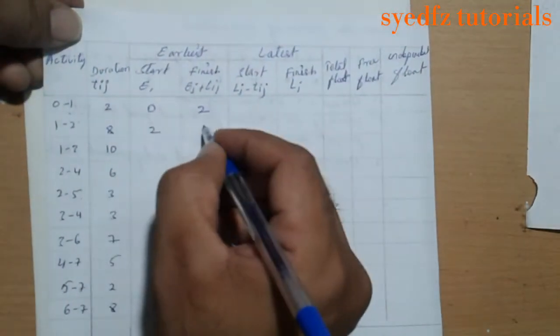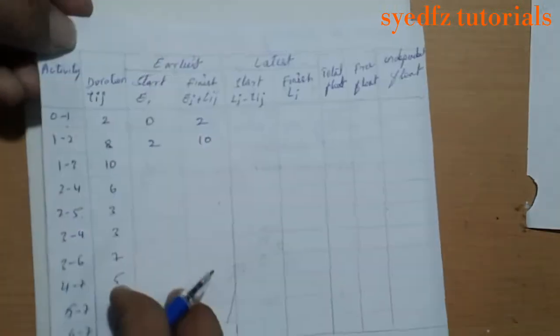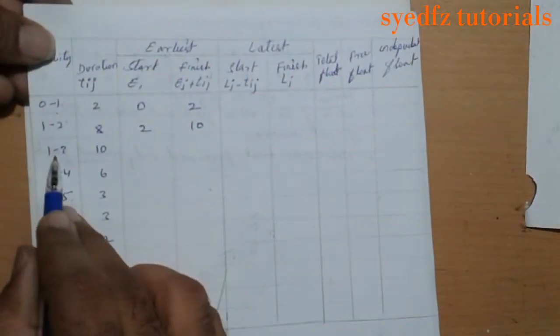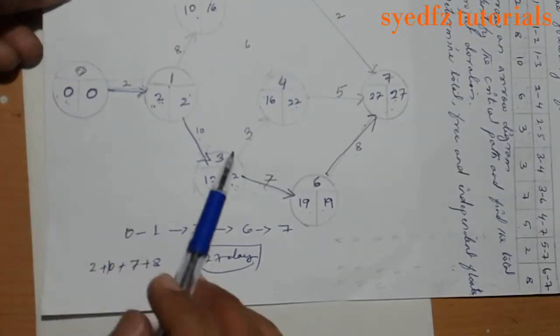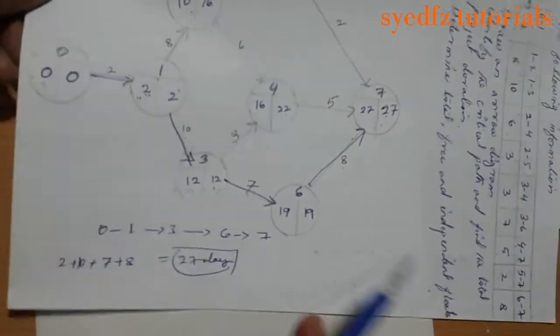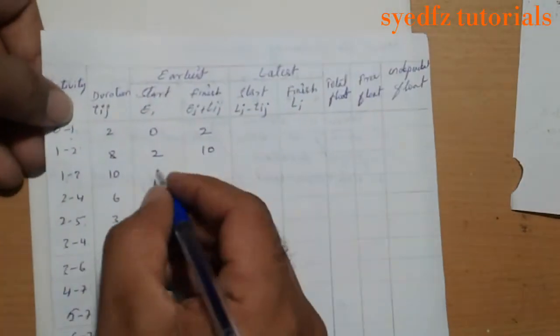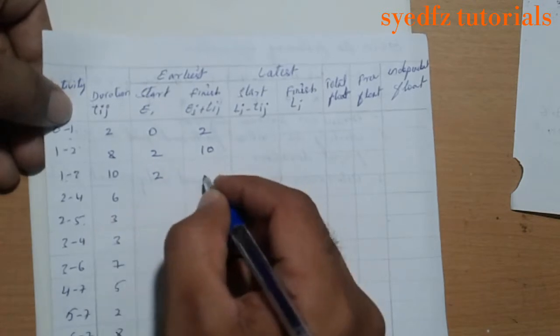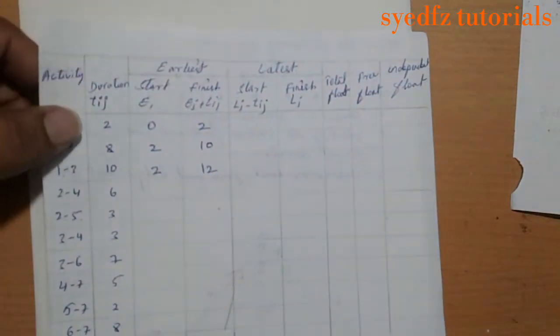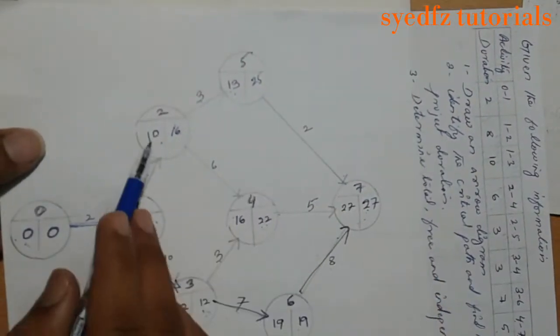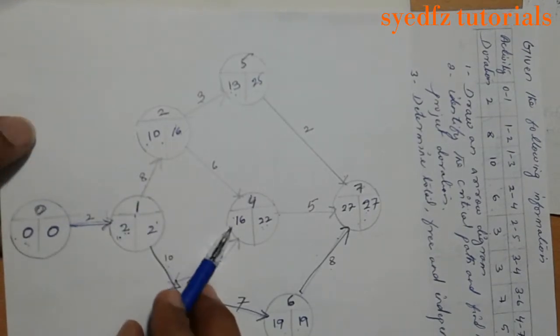Then activity 1 to 3, start on 2, finish on 12. Then 2 to 4, start on 10 and finish on 16.